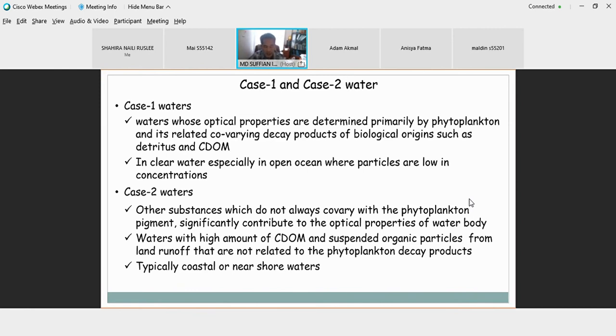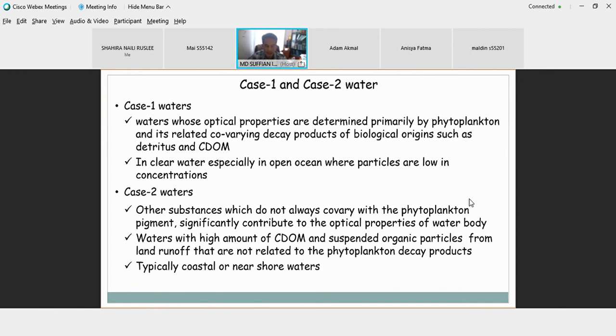Tetapi untuk Case 2 water, the other substances such as detritus and colored dissolved organic matter originated from other sources. Dia bukan berasal daripada phytoplankton. So dia ada impact kepada optical properties dan dia tak co-vary, dia tak ada co-variation with phytoplankton.